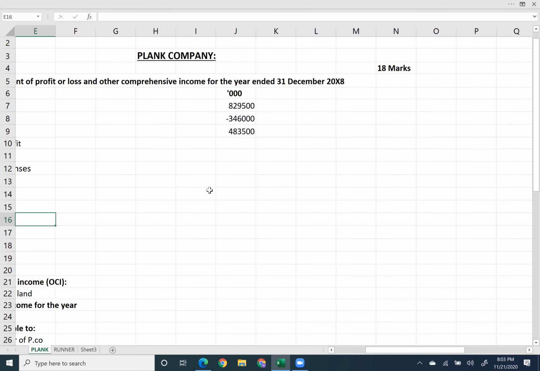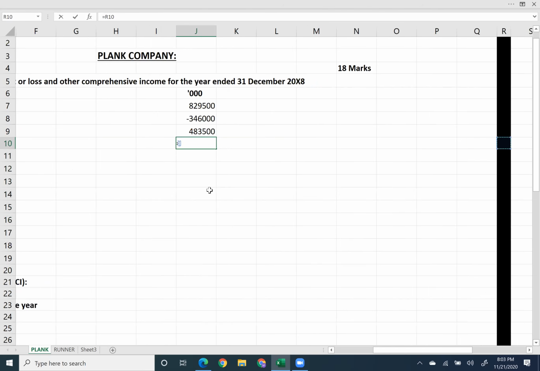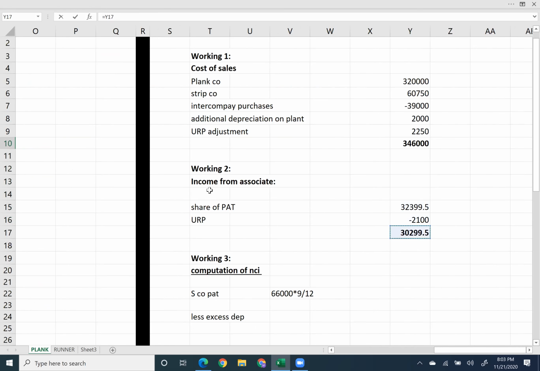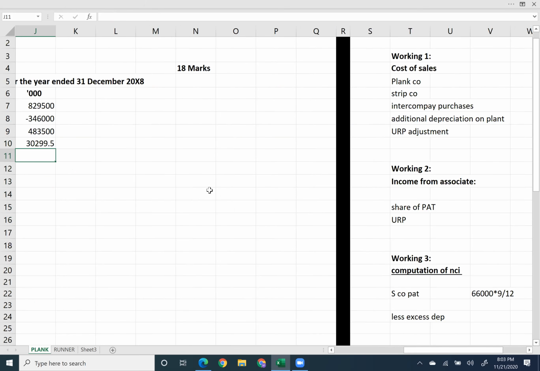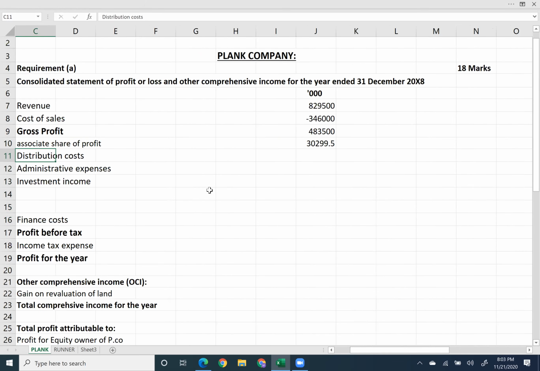Now let's connect it here, this is the associate share of profit. Now, for distribution cost, it's very simple.